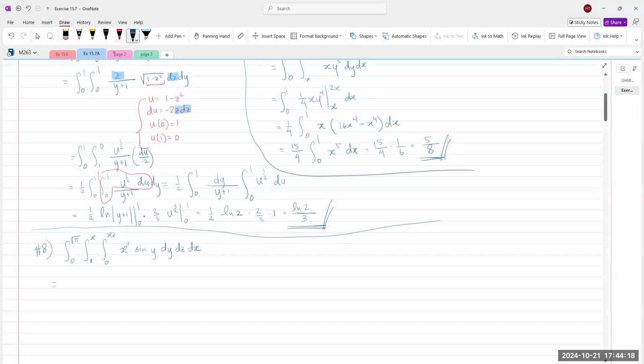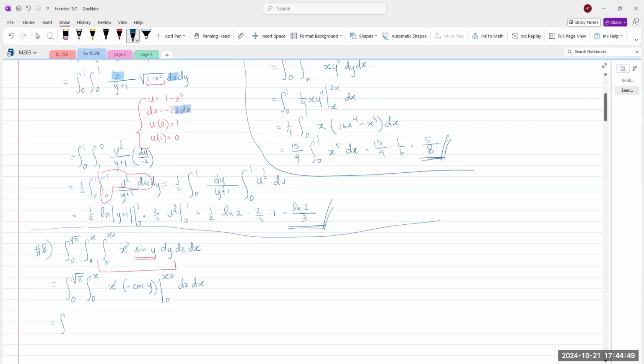Okay, I will do the inner integral first. This is basically the integral of sine y. That's negative cosine y. So integral from 0 to square root of x, integral from 0 to x, x squared negative cosine y from 0 to x, z dz dx.